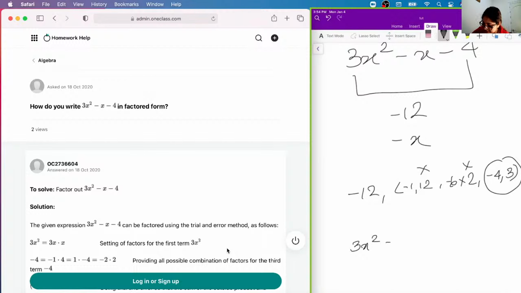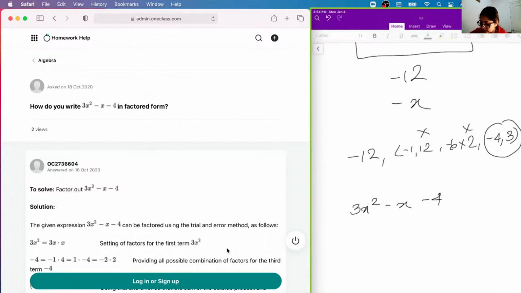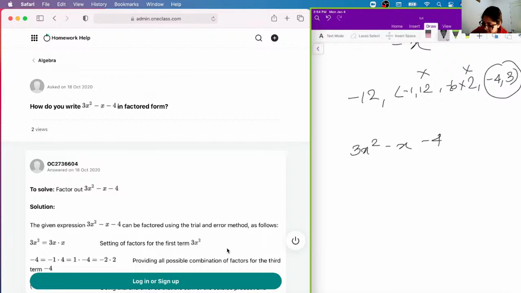So we can say 3x squared minus x minus 4. Use these two numbers, and we have 3x squared. I'm just replacing the middle term with these two numbers. Since it's a negative, you would want your bigger number to be negative. So it's going to be negative 4x plus 3.